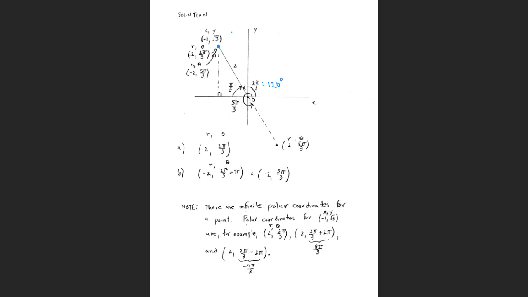So we have a reference angle of 60 degrees, which is pi over 3. So you get a 30-60-90 right triangle.